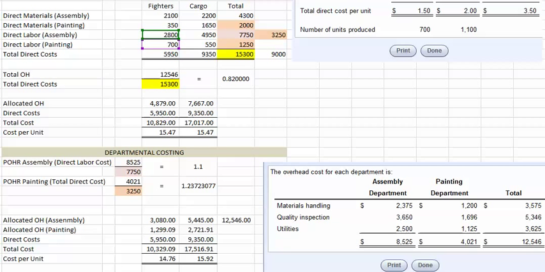So direct labor cost for the fighter planes was $2,800 and $700 or $3,500, and we multiply that by our predetermined overhead rate.